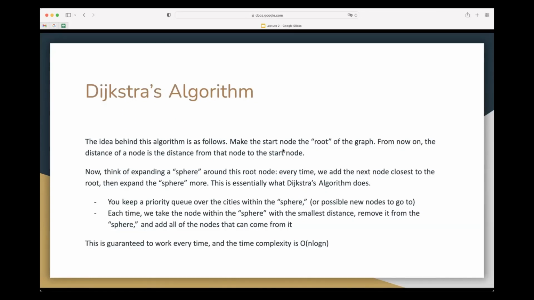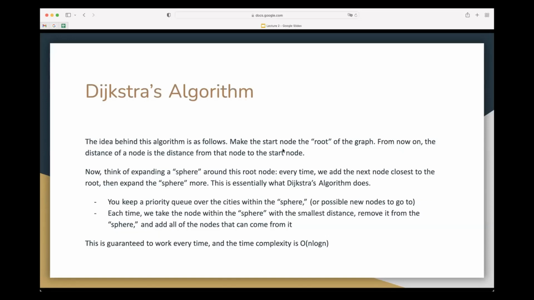Every time we process a vertex, the sphere goes larger based on the cities that you can go to, and you essentially have a sphere of possible cities that you can go to. Each time the sphere expands to include more cities. This is kind of the idea, except more formalized.